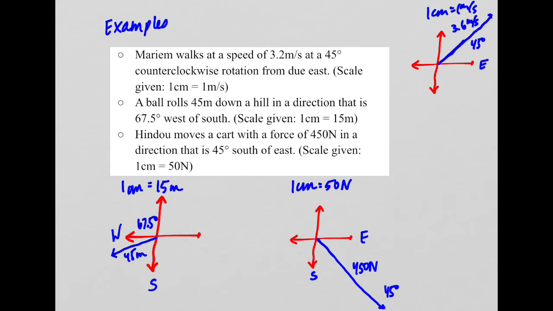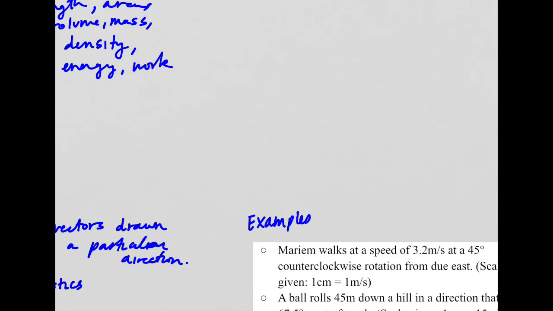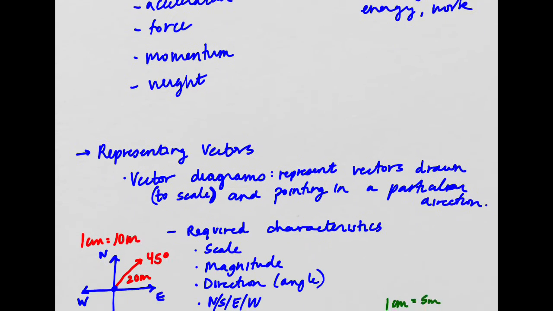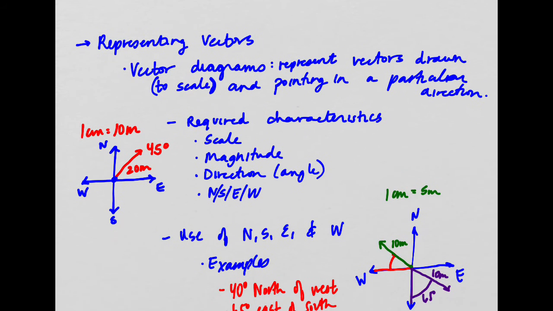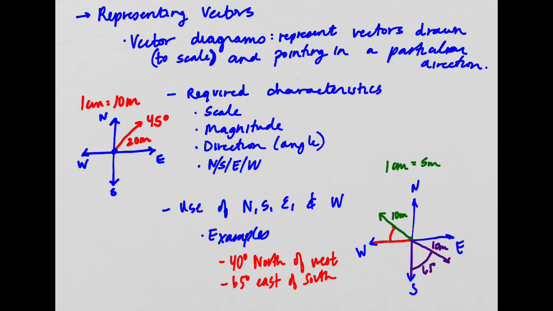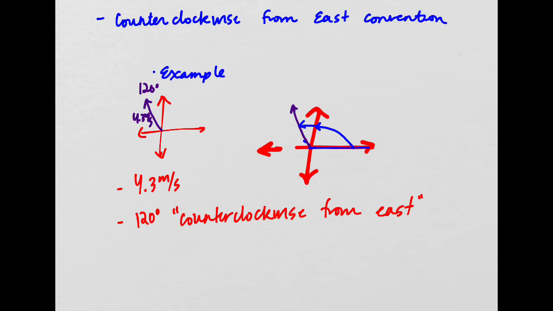Okay, so remember yesterday we started talking about vectors again. We looked at all the different types of vectors versus scalars. We looked at how we can represent vectors, and we saw that we could use vector diagrams. Remember, we use north, south, east, and west, but there's this special convention, which is the counterclockwise from east convention, that is very important and that we're going to be using a lot.